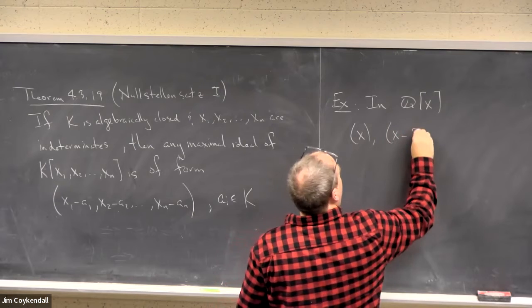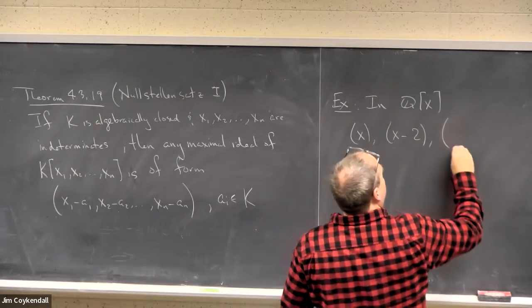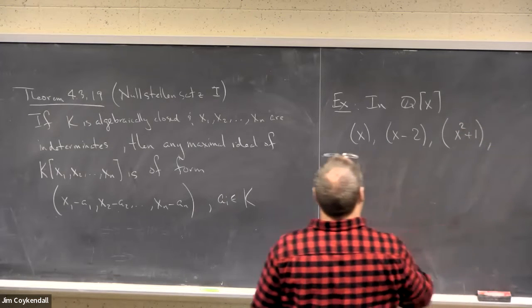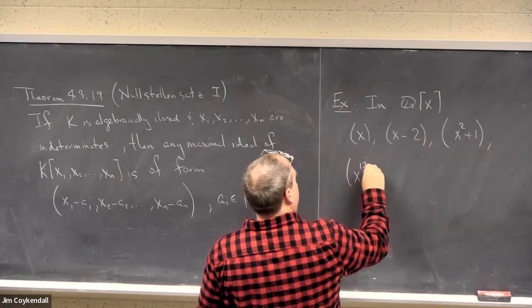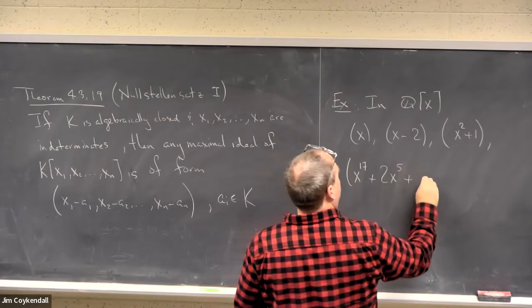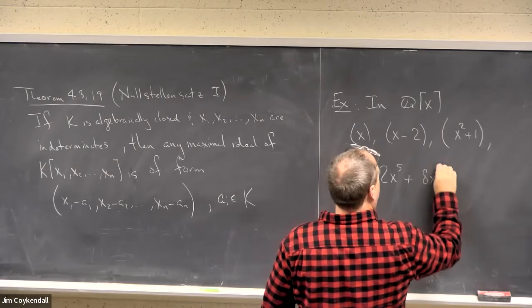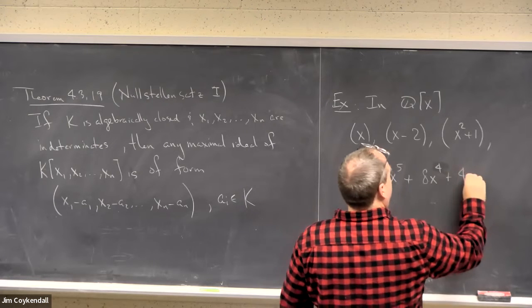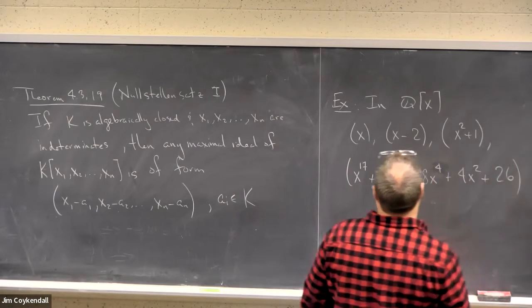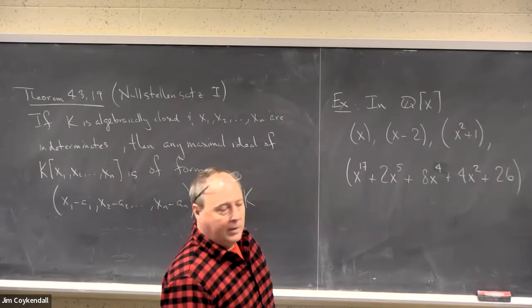X minus 2 are maximal ideals, but so is and these are all maximal ideals, right?